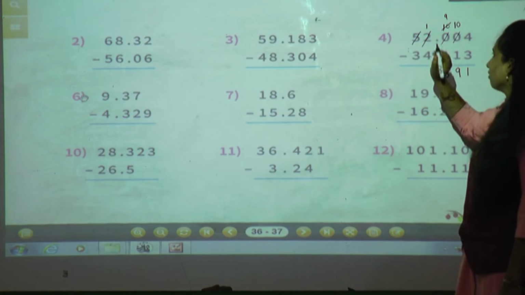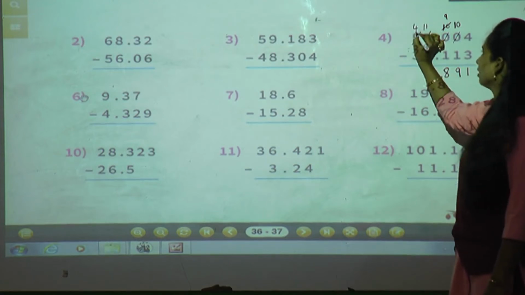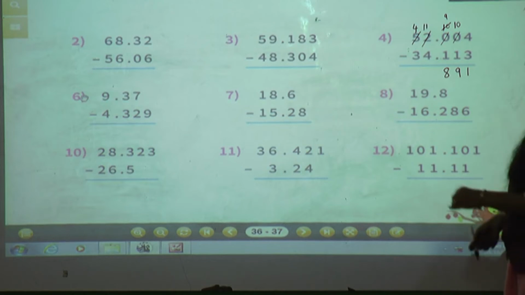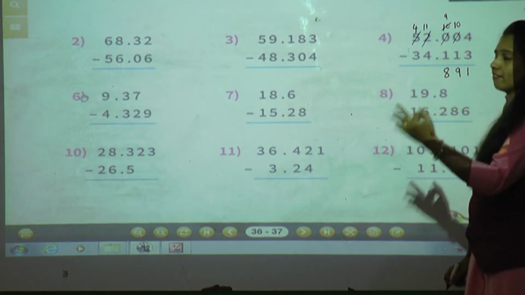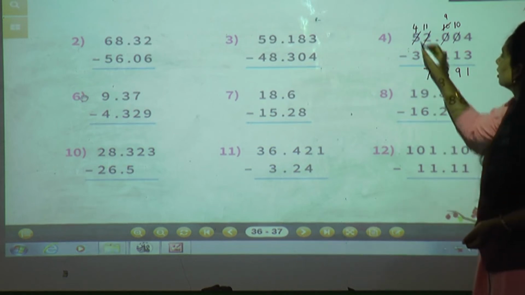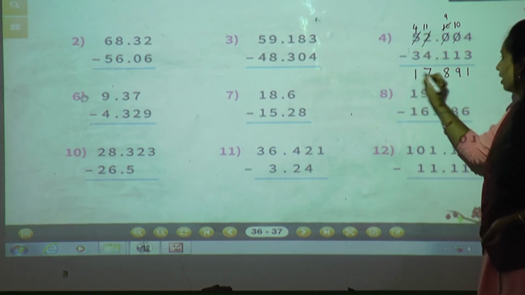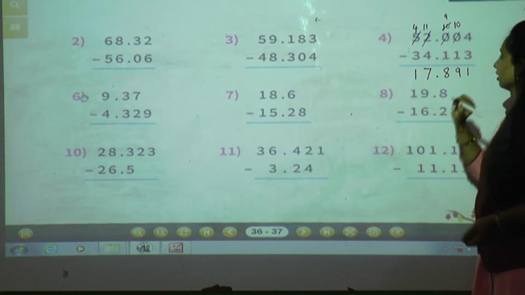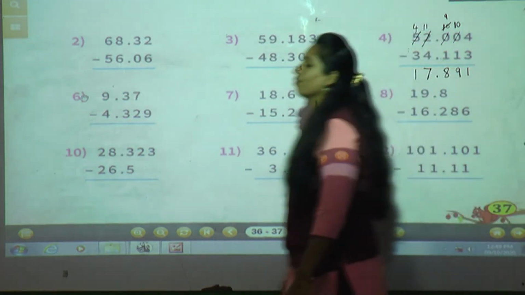Tens has 5, he will give 1, 4 will remain. Now 11 minus 4, count after 4 till 11 comes: 4, after that 5, 6, 7, 8, 9, 10, 11. How many? 7. Then 4 minus 3 is 1. Then put the decimal point after 3 digits. After 3 digits. Clear? What is the answer?